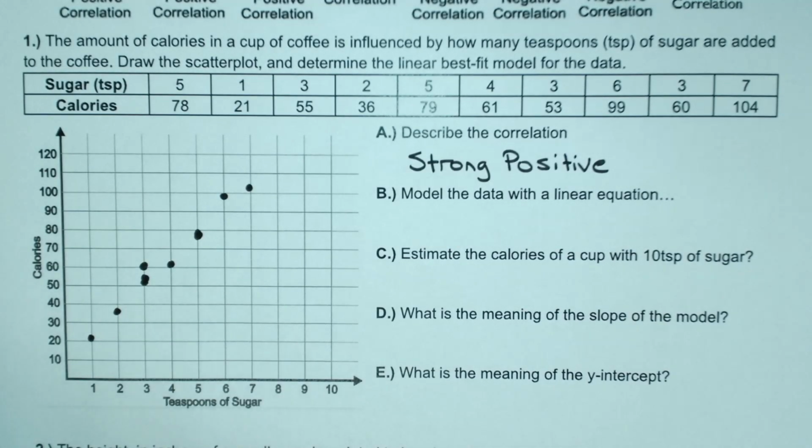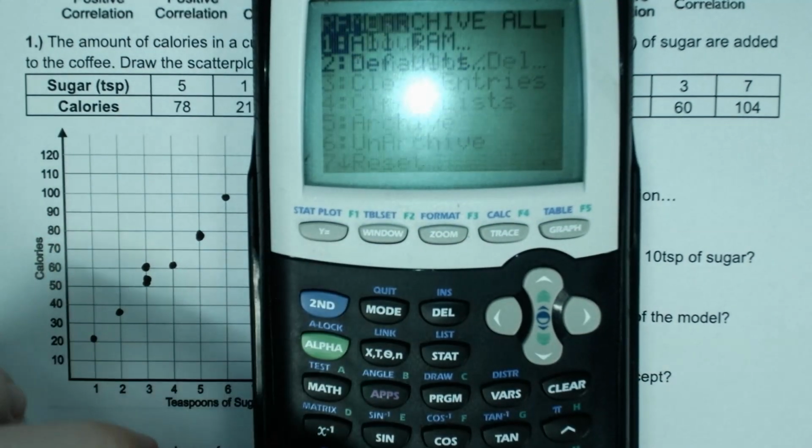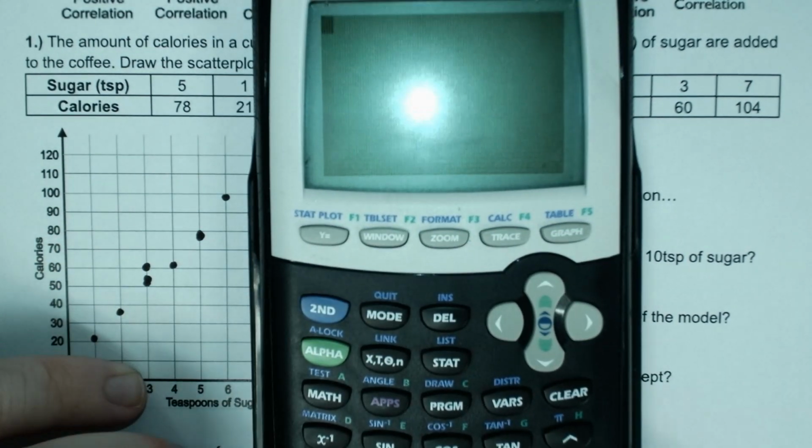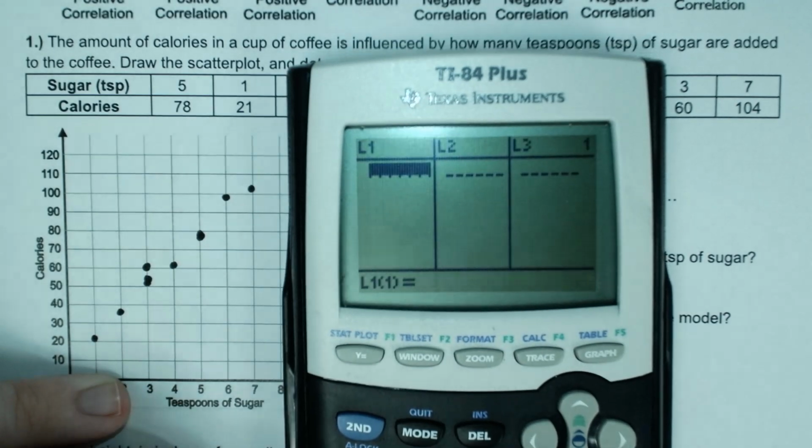B says model the data with a linear equation. That's where I'm going to go back into my calculator and reset it. Second plus 7, 1, 2. Stat, edit, and then type in these numbers very carefully.